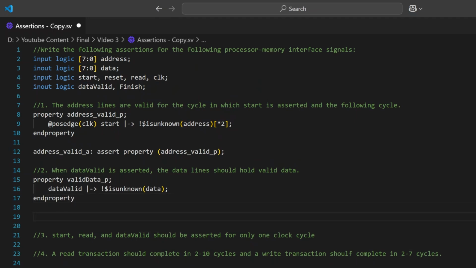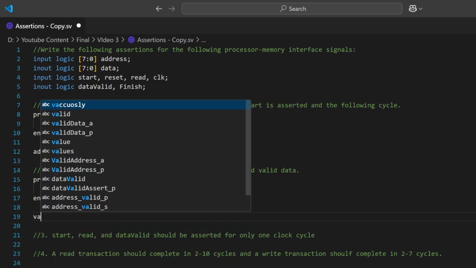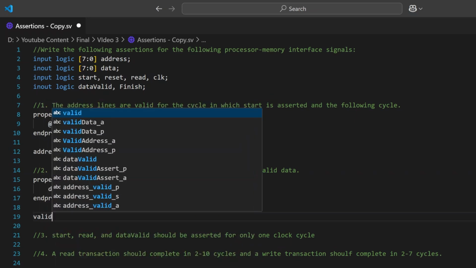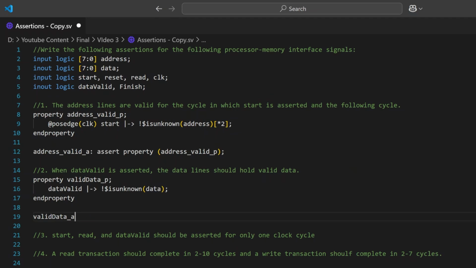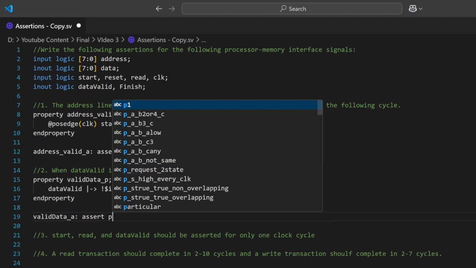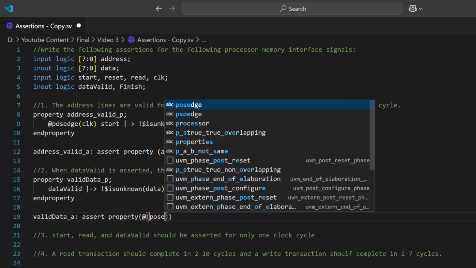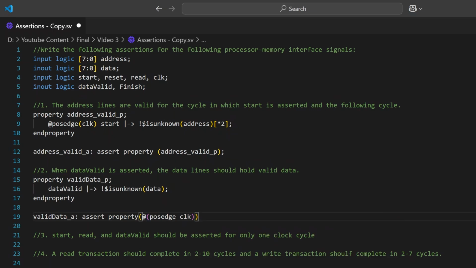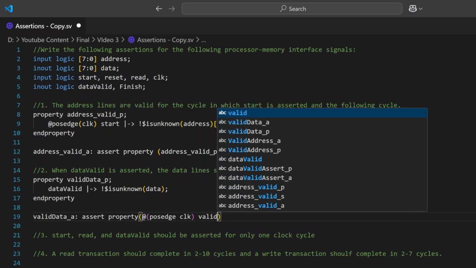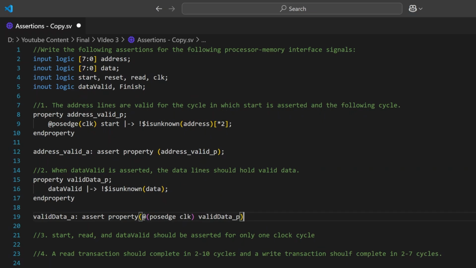Let's assert the property and name the assertion. Okay, I didn't use @posedge clock here. Anyways, I can use it right here. It's the same thing.